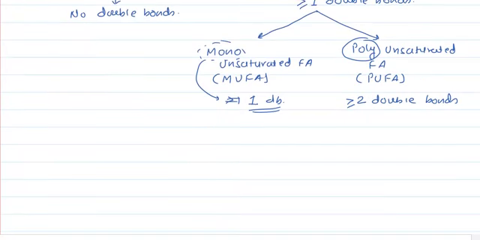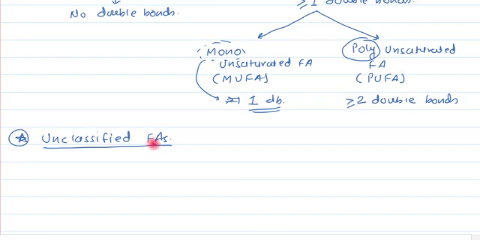Now there are certain different types of fatty acids which are not classified, so we can call them unclassified fatty acids. There are many different groups of unclassified fatty acids, like branched chain fatty acid, cyclic fatty acid, substituted fatty acid, hydroxy fatty acids. But as far as human biochemistry is concerned, we are concerned with only one type, and that is branched chain fatty acids.